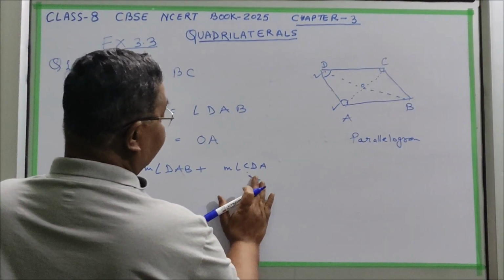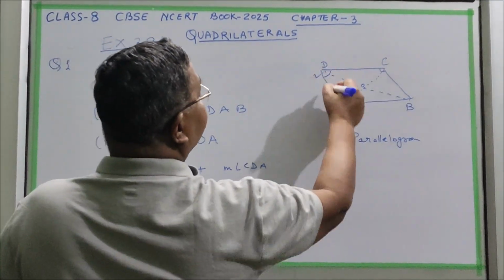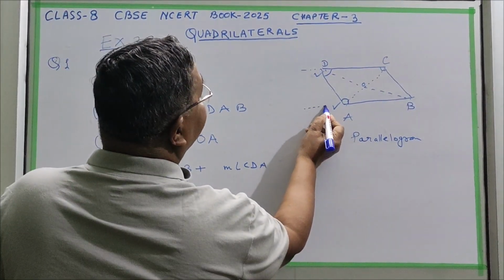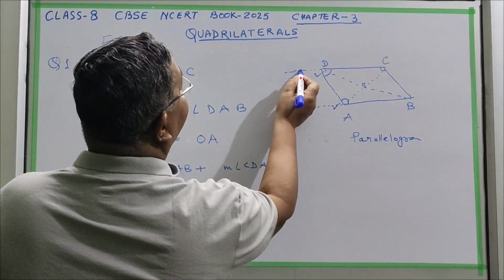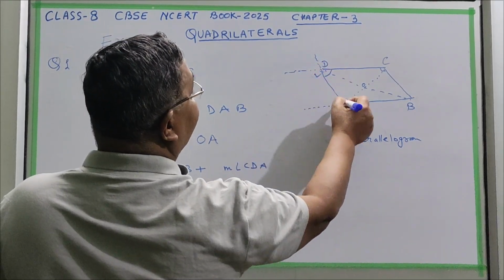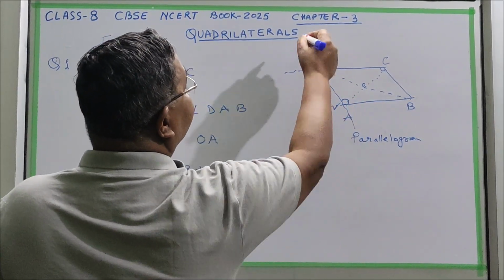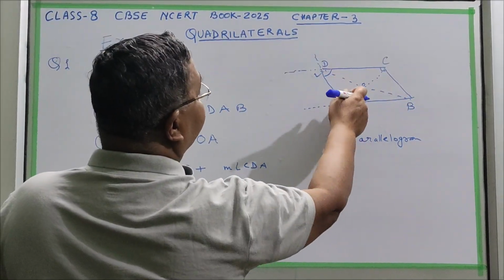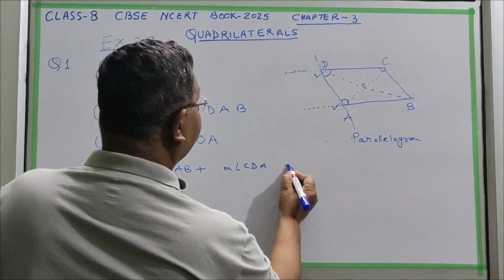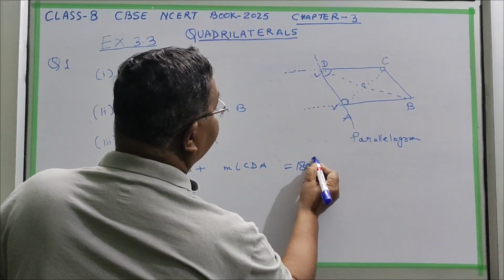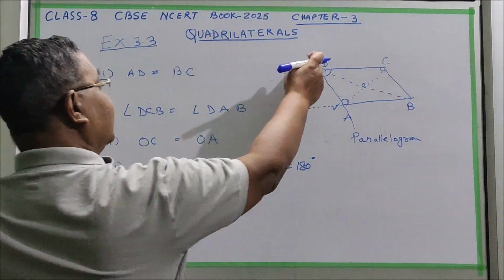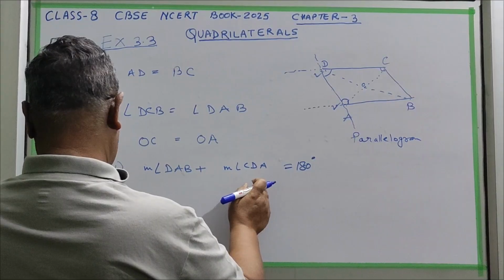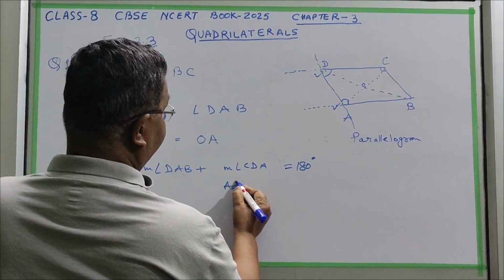It is another property. If there are parallel lines and a transverse line cuts them, the angles on the same side of the transverse line will always add up to 180 degrees. You can call these adjacent angles. What is an adjacent angle?